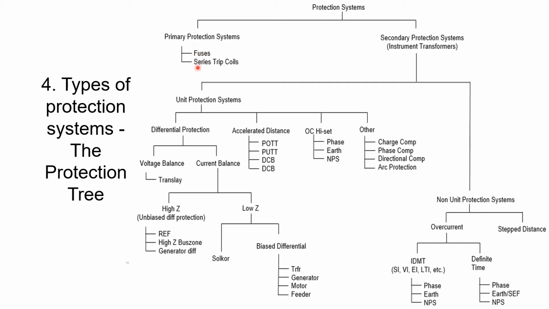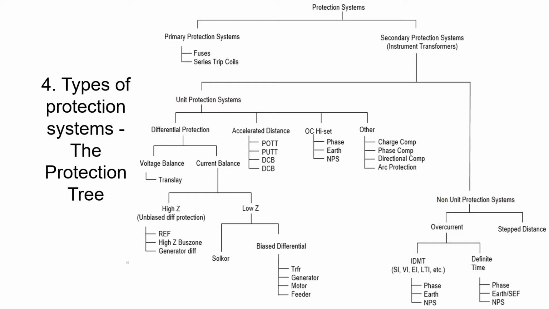In other words, the protection devices are directly inserted into the primary system. But most commonly, the protection systems interface with the primary system by means of instrument transformers, our CTs and VTs, and these we call secondary protection systems. They may be further subdivided into unit and non-unit protection systems.